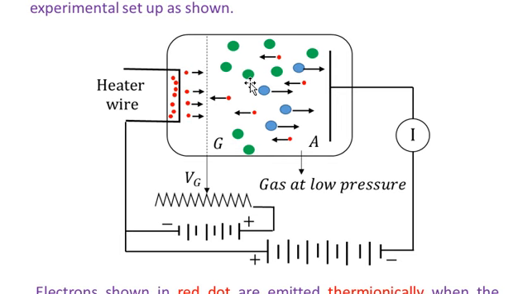Their outermost electrons leave, the atoms become singly ionized, and those positively charged ions are represented by the blue dots.